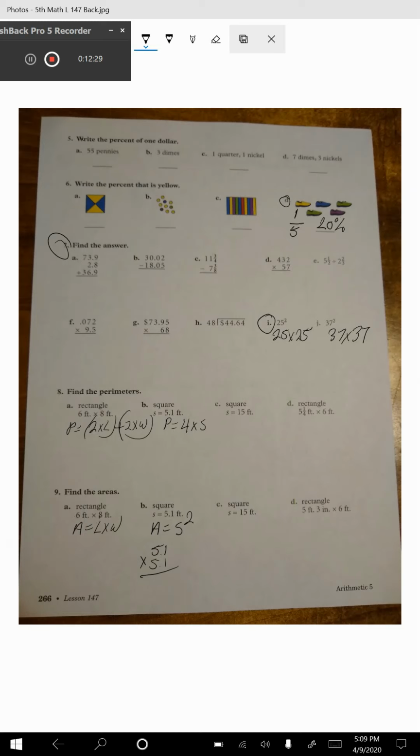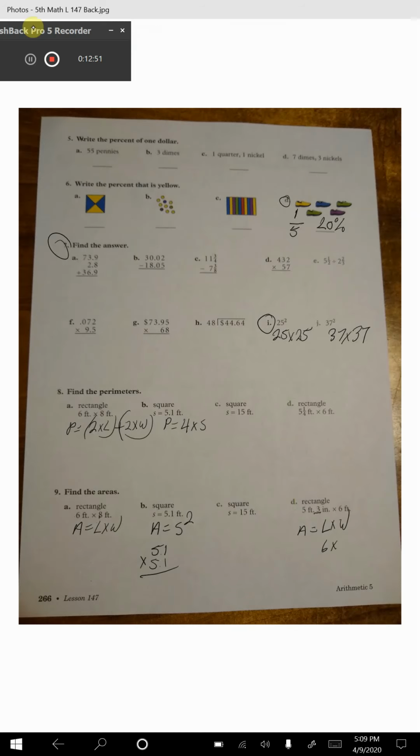With this right here, don't let that trip you up. What I would do if I were you is, okay, so remember the area is length times width, right? So your width is 6 feet. I would just change this 5 feet 3 inches. Get rid of the circle.